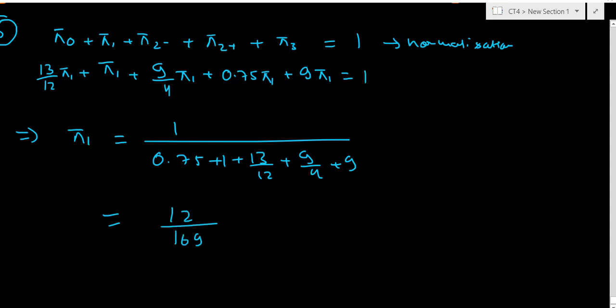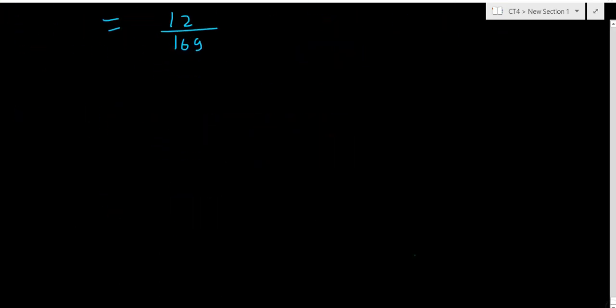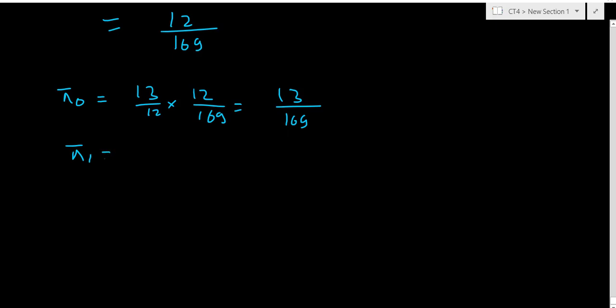Now I can calculate the value of all the variables. My pi 0 would be equal to 13 by 12 into 12 upon 169, which would be 13 upon 169, or 1 by 13, whatever you want to write it as. Pi 1 would be equal to 12 upon 169.